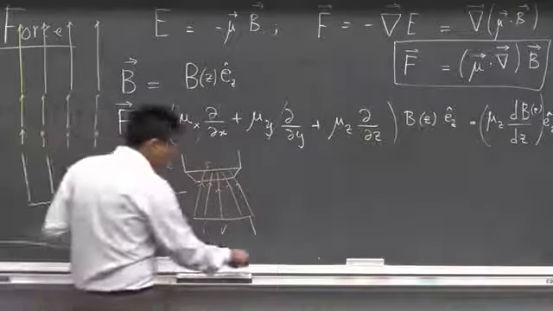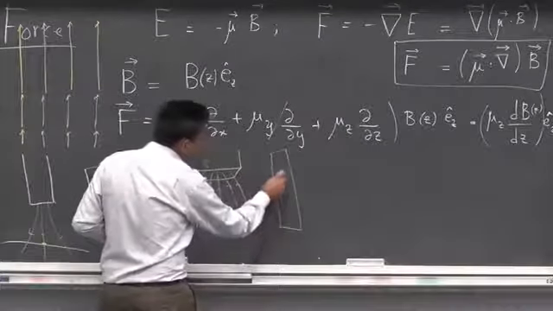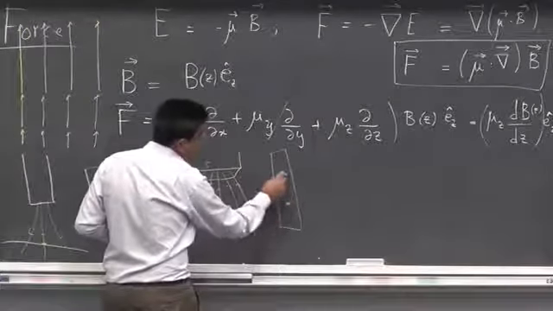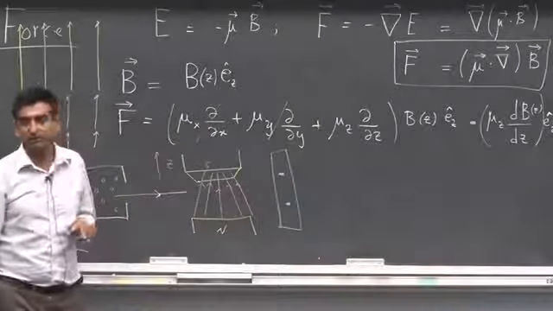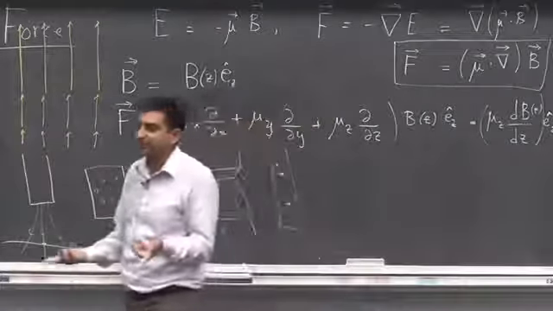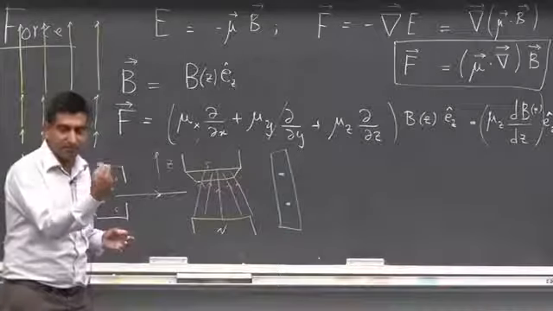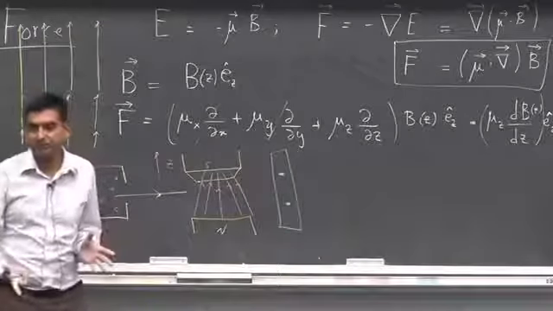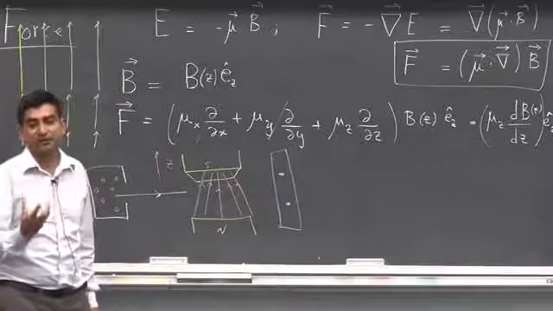And if they placed a screen here, they observe two distinct spots, which means that the force is of two kinds, positive and negative. Which means that mu z is quantized. It's of two kinds. Mu z is plus some mu or minus some mu. Okay, this is how the idea of quantization of spins was discovered.